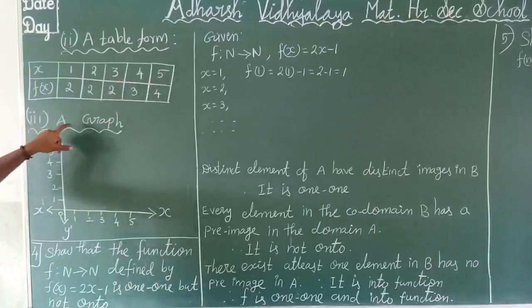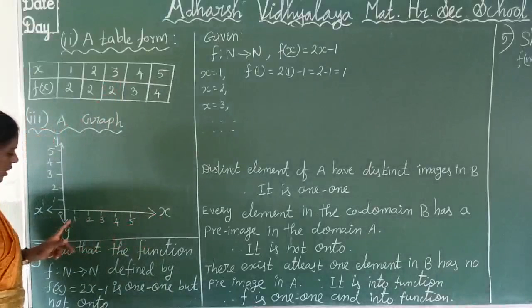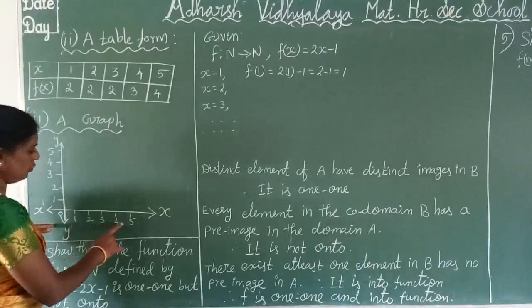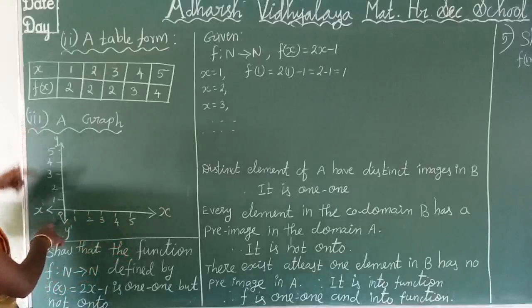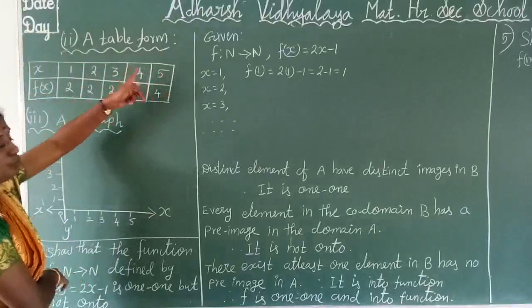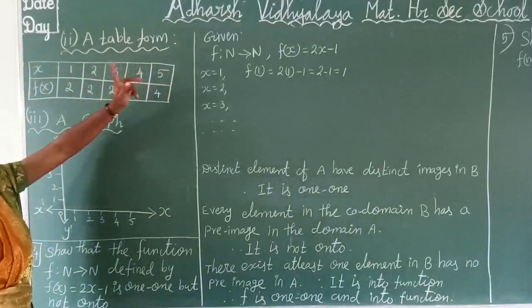Next one, graph. On the x-axis we consider the unit is 1, 2, 3 like that, so 1, 2, 3, 4, 5. And y-axis also 1, 2, 3, 4, 5, because here one unit only is given. So we consider 1 unit.